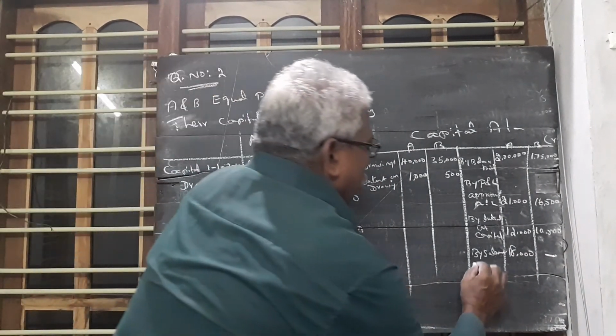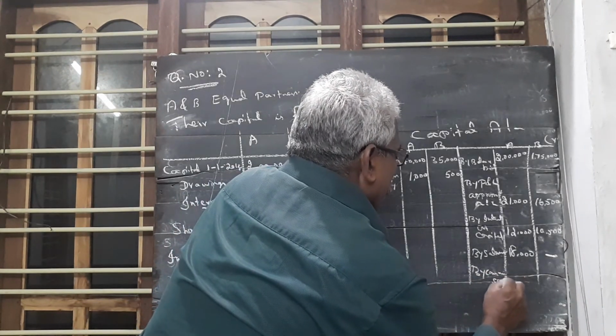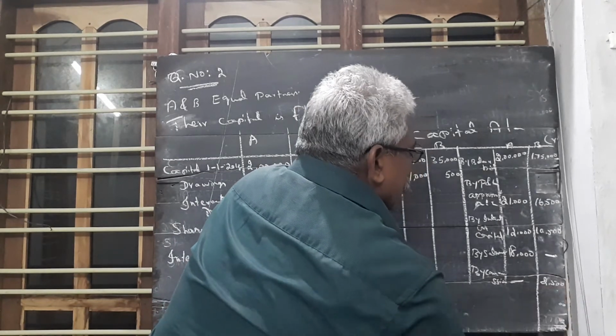By commission, only B is entitled to get a commission, 2,500.